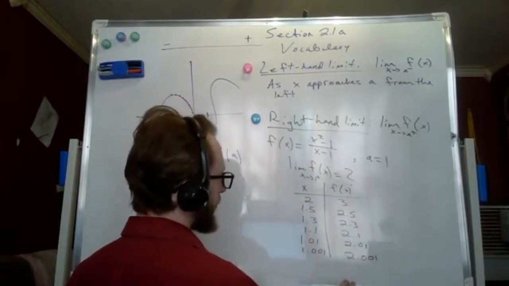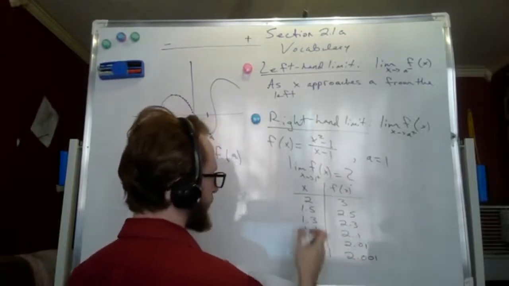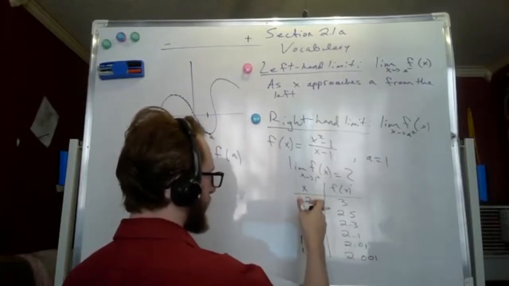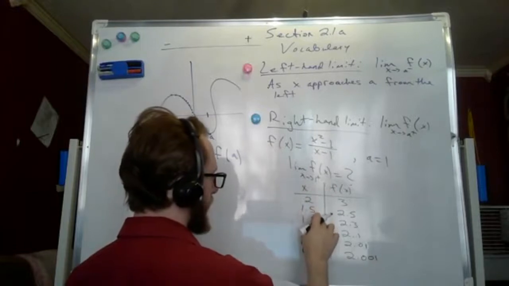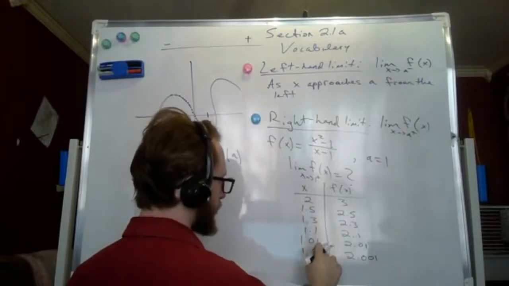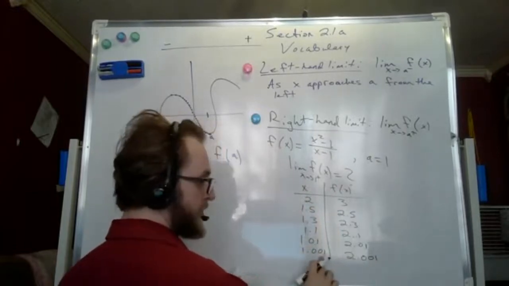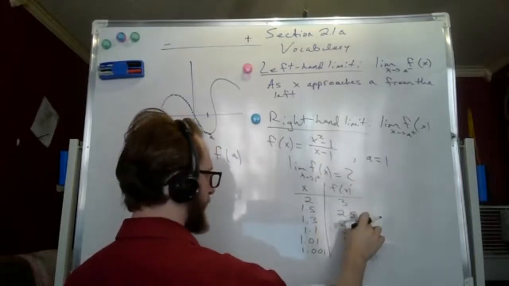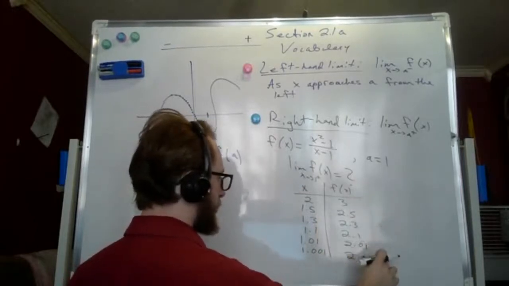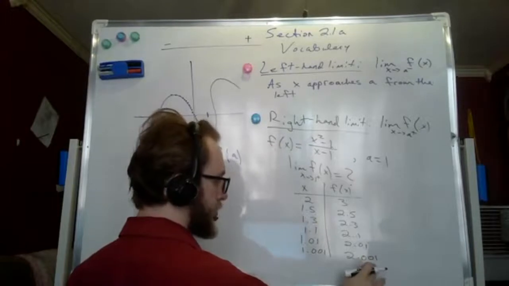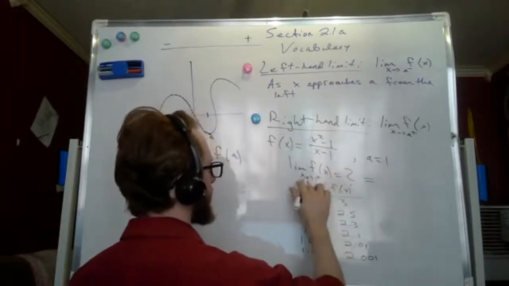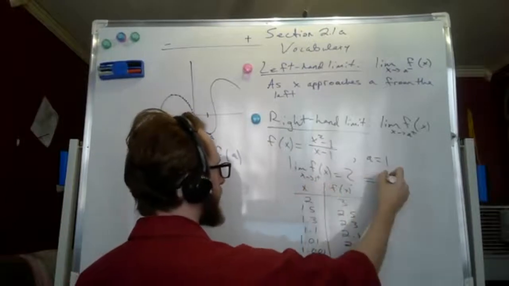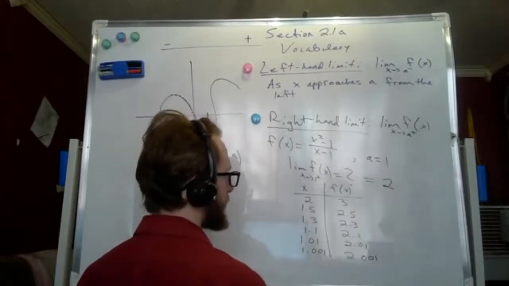So what we can determine from this is, as we pick numbers from the right of 1, as it gets closer and closer to the value of 1, our f of x values are getting closer and closer to 2. So we say the limit of f of x as x approaches 1 from the right is 2.